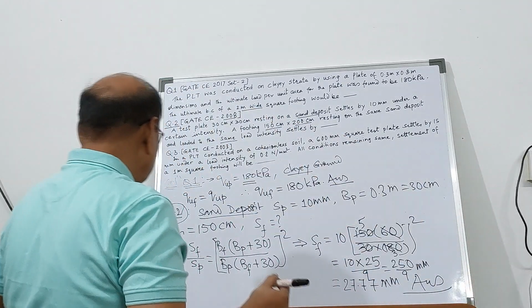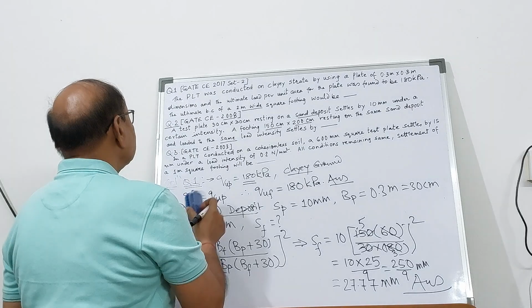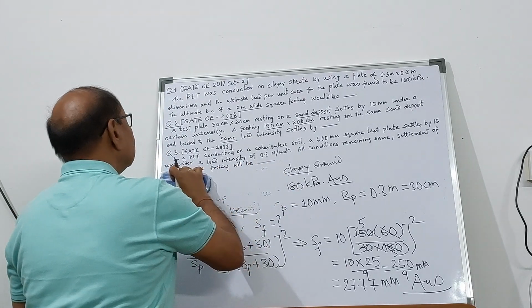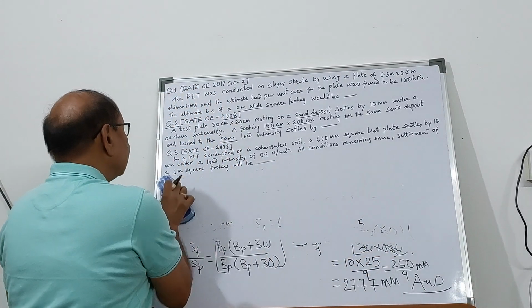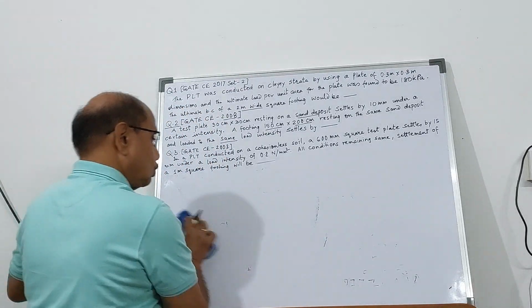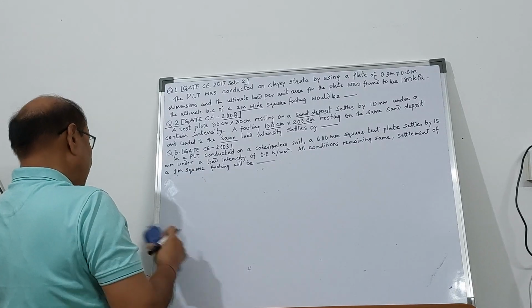The last problem that was asked, question number 3, that we will see the solution of. So that's also quite simple. Let's calculate that. So we have already solved 2 problems.